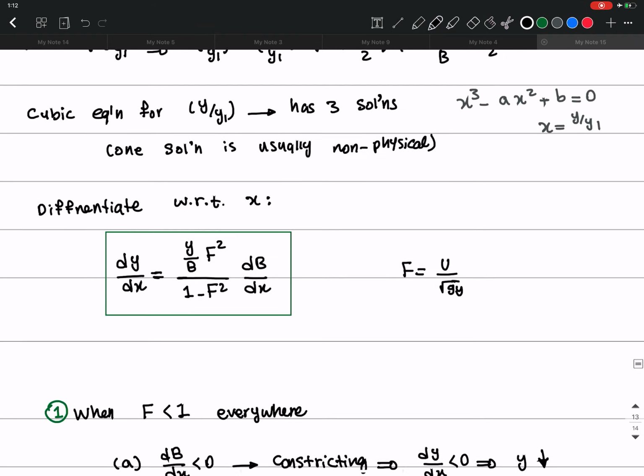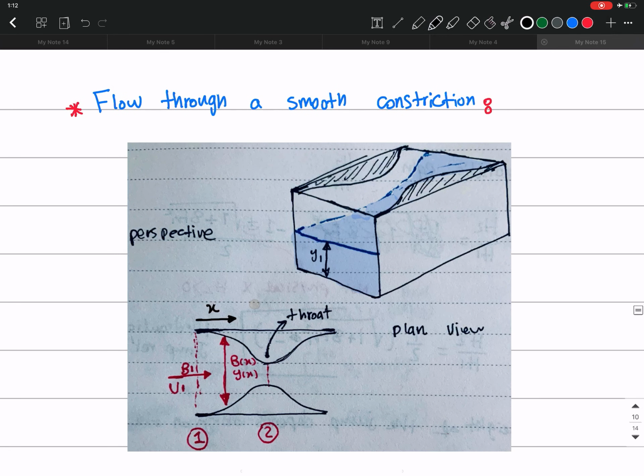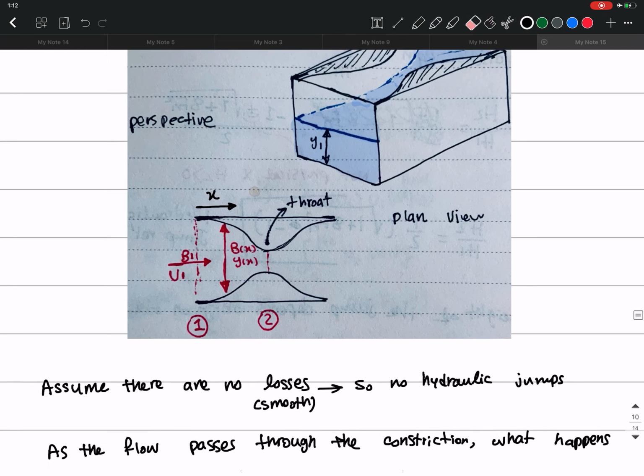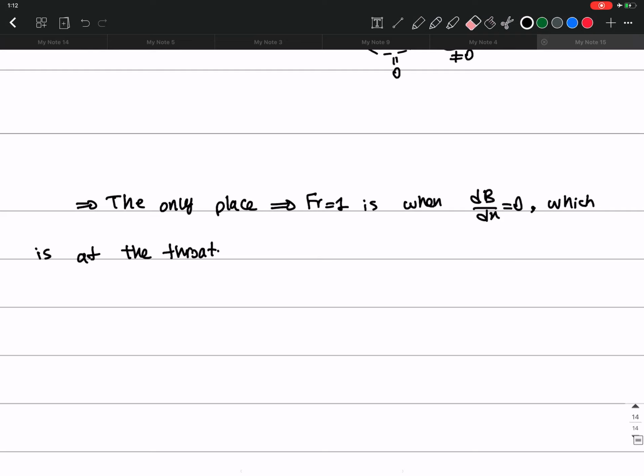So at the throat, you see that dB over dx is 0, right? It's not changing. Here dB over dx is positive. Here is negative, but at the throat, it is just 0. Okay, so the only place where Froude number can become 1 is at the throat.